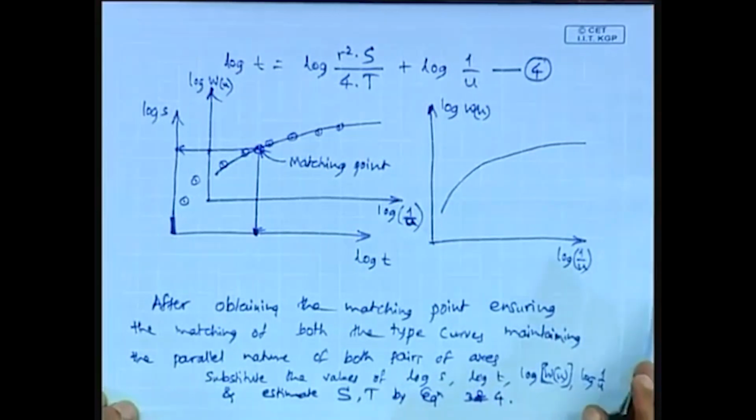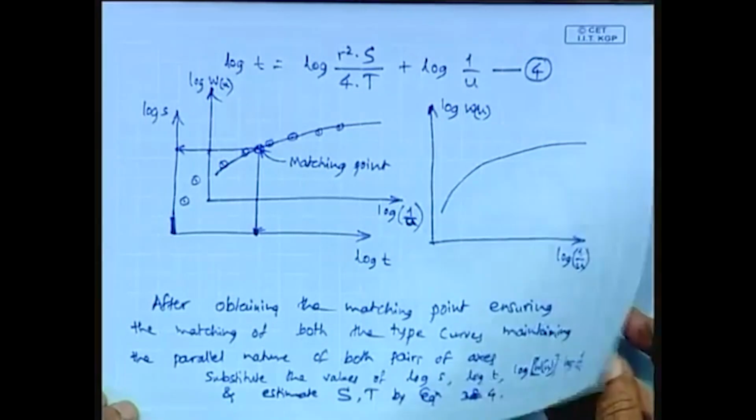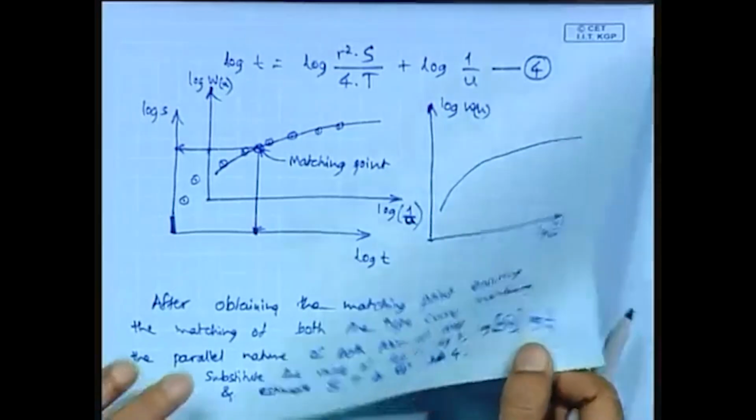So, this is the first graphical method for determining the aquifer parameters using the Theis equation.